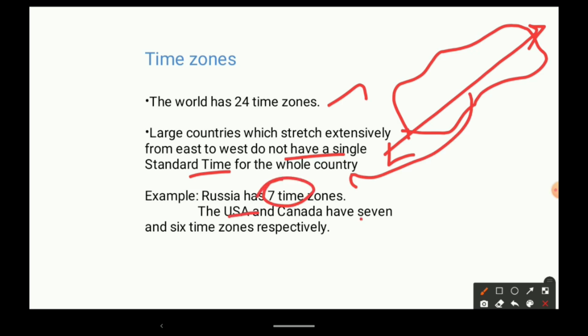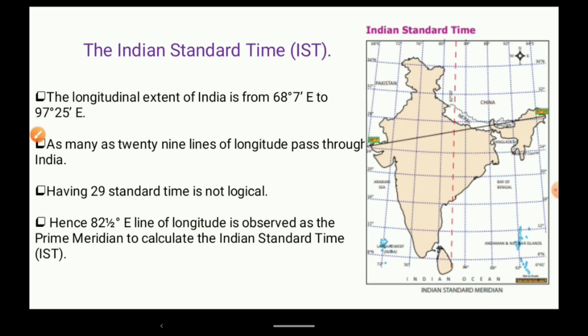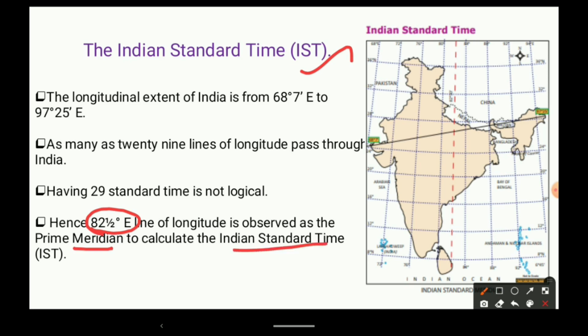Likewise, USA has 7 time zones and Canada has 6 time zones. When we come to India, we have Indian Standard Time. How is it calculated? We set a prime meridian, that is 82.5 degree east longitude, as our prime meridian to calculate the Indian Standard Time, because for the two extreme places in our country in the east-west direction, the time difference will be 2 hours.